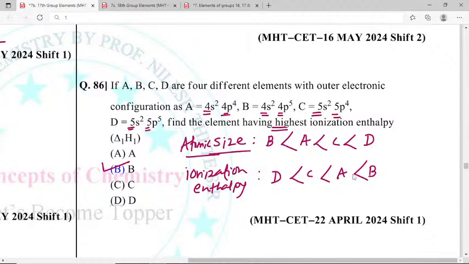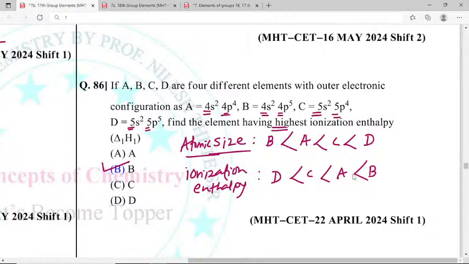Please mention there: A, B, C, D are 4 different elements with outer electronic configuration 4s2, 4p4, 4s2. Elements A and B belong to the 4th period, and elements C and D belong to the 5th period. So 5th period elements are larger in size as compared to the 4th period. If valence electrons increase, such an element should be on the right side compared to the lower valency one.